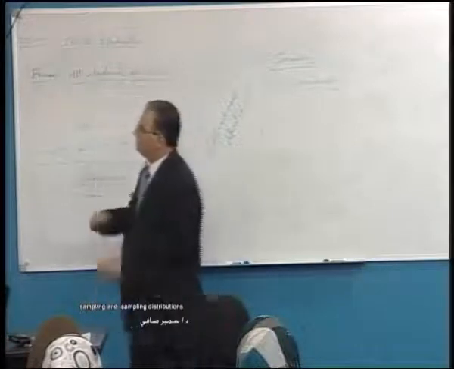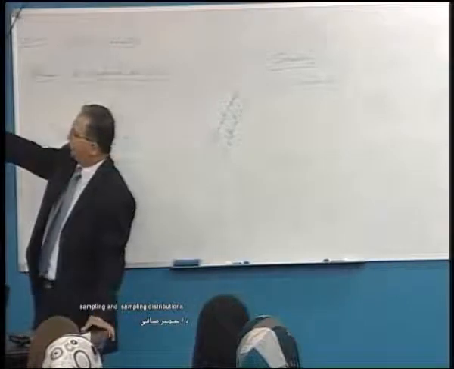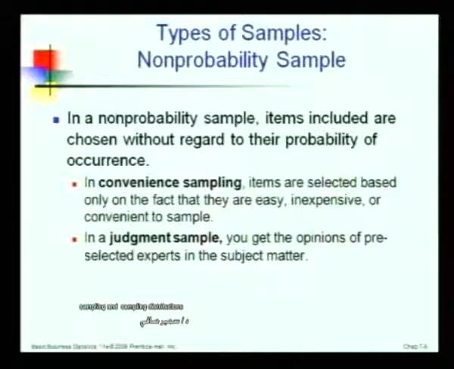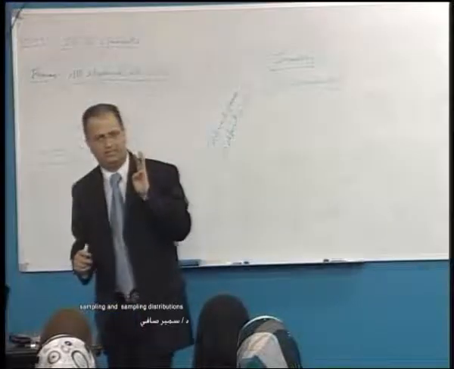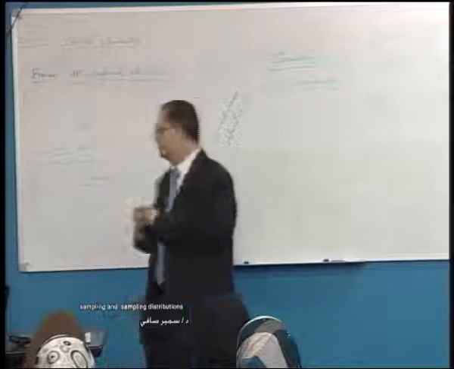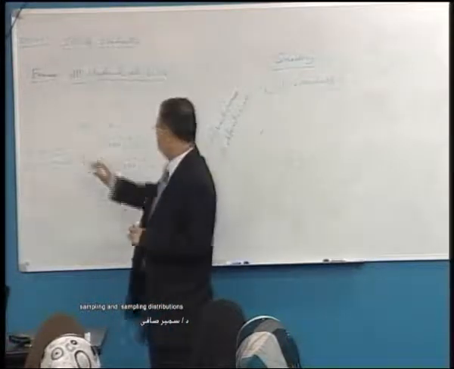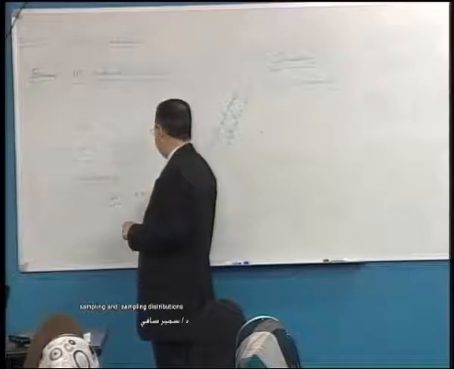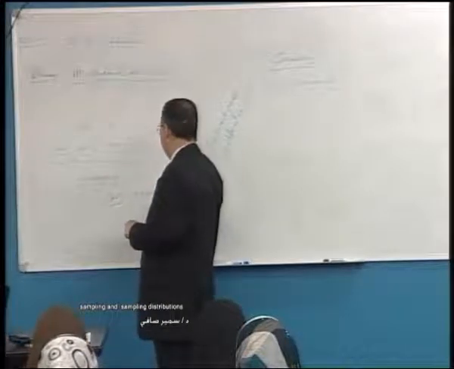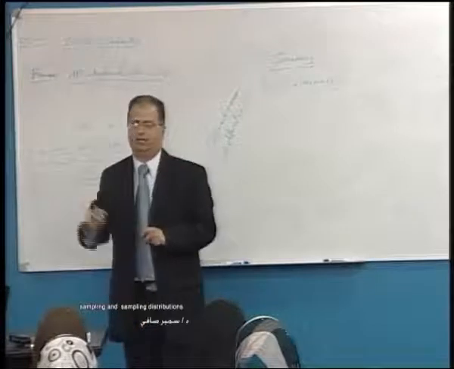And this one, as we mentioned, has two types. One is called convenience sampling. In this case, items are selected based only on the fact they are easy, inexpensive, or convenient to sample.